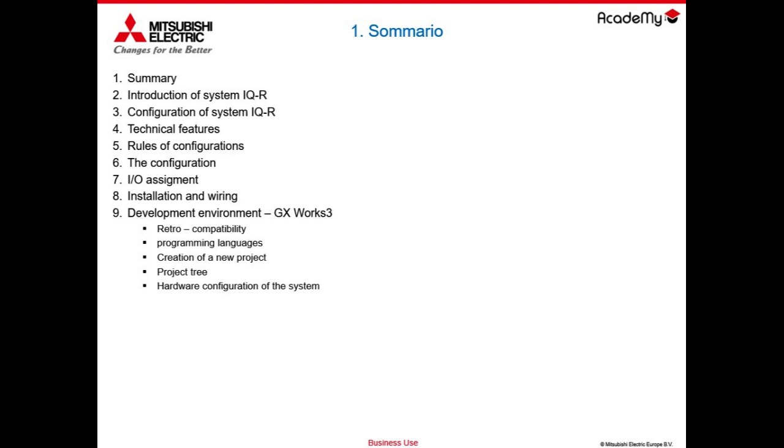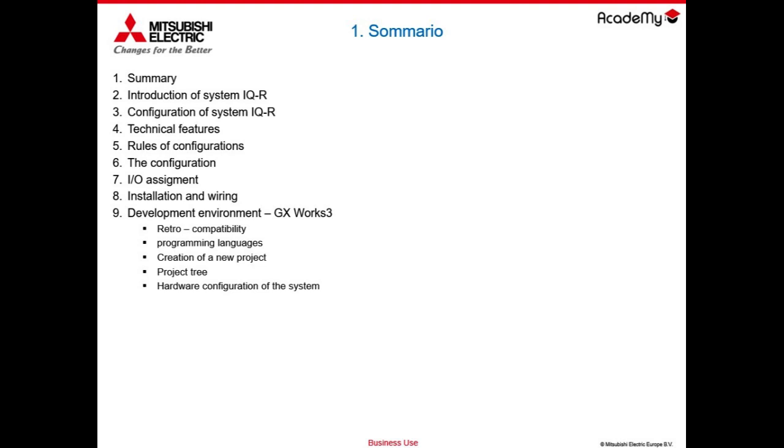We will talk about programming languages contemplated in GX Works 3 based on the standard IEC 61131-3. We will see the steps to create a new project, how it is possible to upload a project present on the physical PLC.